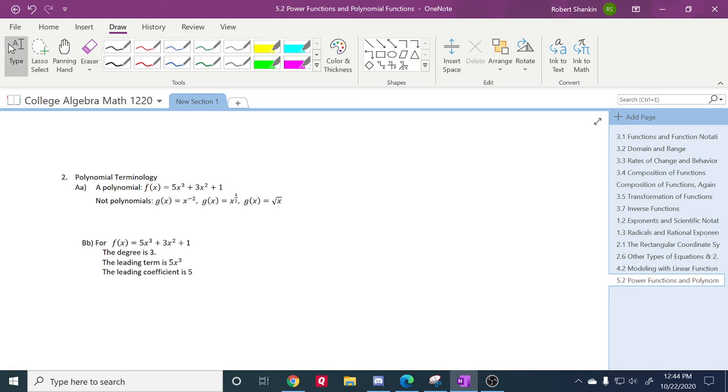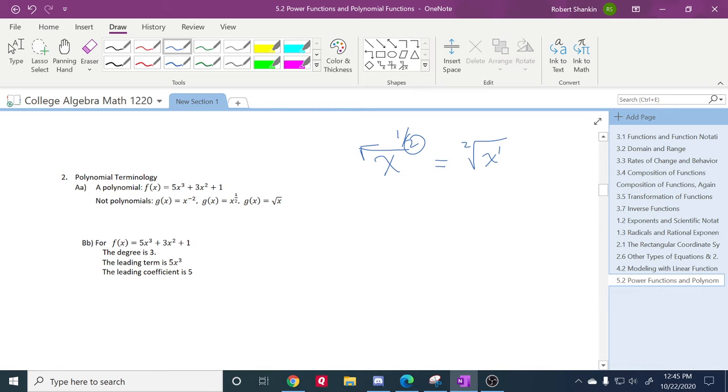If your variable has a fractional exponent, like 1/2, and it turns out x to the 1/2 is the same as the square root of x, because the denominator comes out and the numerator 1 stays there, these are not polynomials.